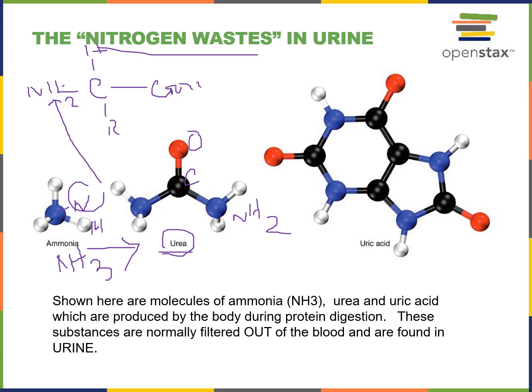And it's a small molecule, which makes it easy to transport. Uric acid, as you can see, is a much larger molecule. Uric acid is mostly what birds excrete because uric acid tends to be crystalline, more of a solid. So only a very, very small percentage of our nitrogenous waste is actually uric acid and ammonia. The majority is urea.